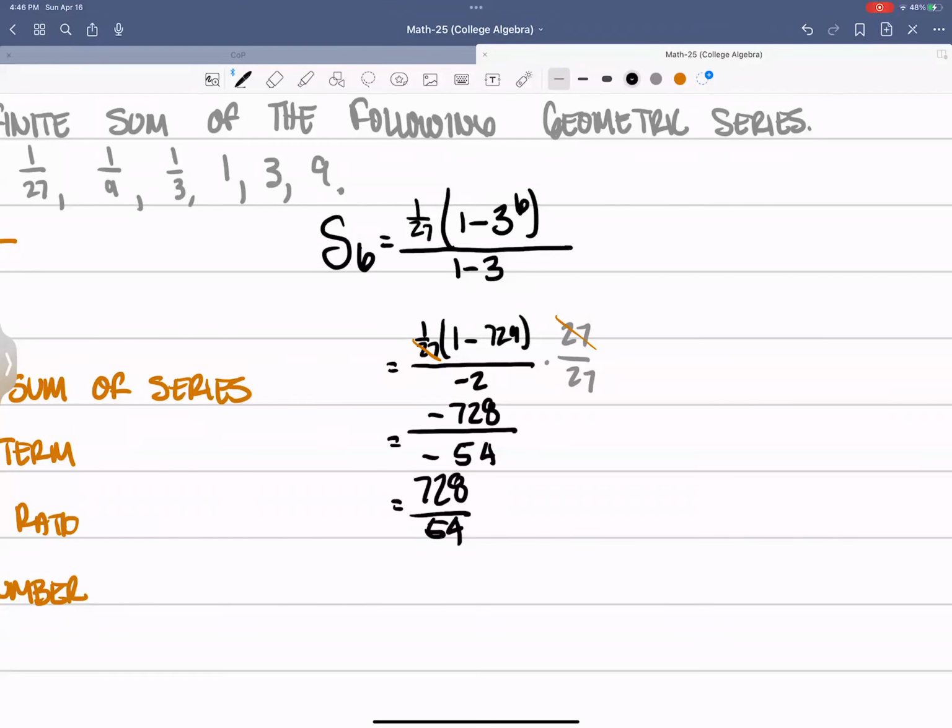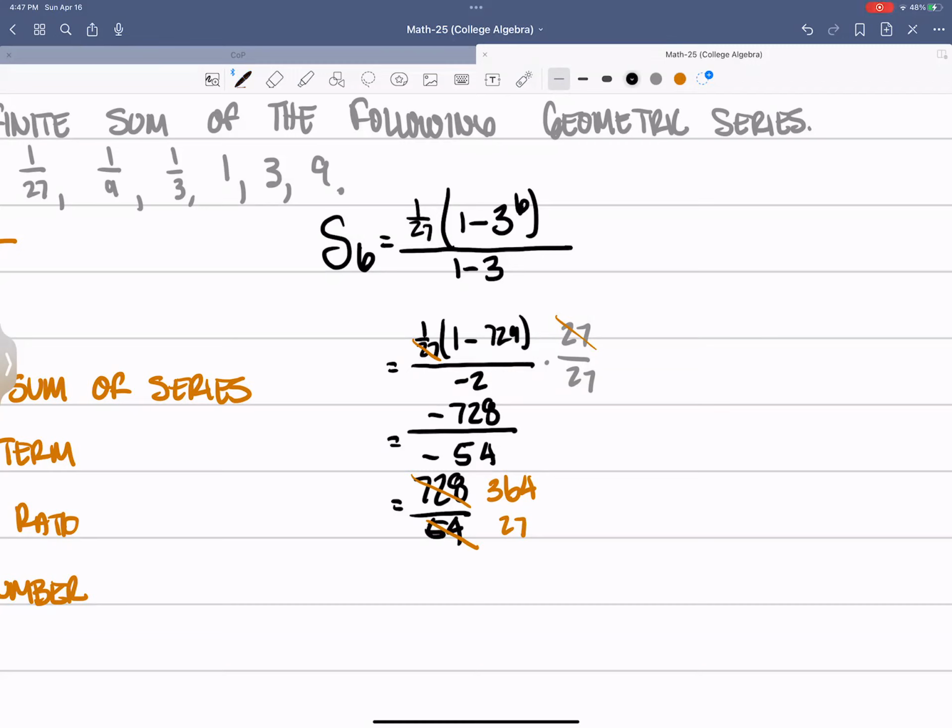At the very least, we could divide out a 2. Dividing out a 2, that's 364 over 27.